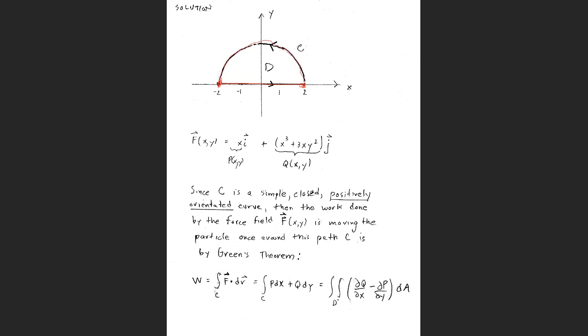Okay, and we know, is the orientation here positive or negative? Positive orientation, right? So that curve, our curve C, is positively oriented.